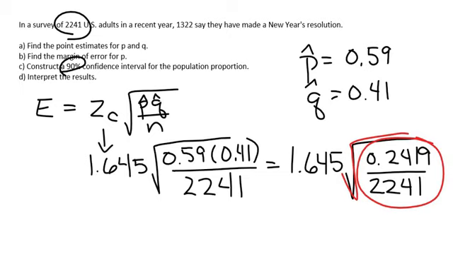Depending on your calculator, make sure that whenever you enter the square root sign, which sometimes starts with a parenthesis, you enclose all of that in the parentheses. That way it makes sure it takes the square root of all of that.